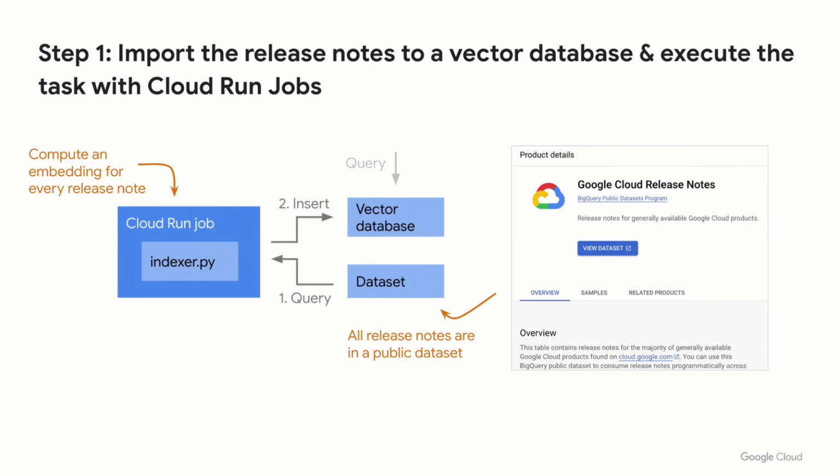In the first step, we're going to use Cloud Run jobs to import the release notes, which are on a public website, into a vector database. For the vector database, we're going to use Cloud SQL with the pgvector extension. A vector is basically a numerical representation of your text and images, right? And the vector database allows you to do similarity search.